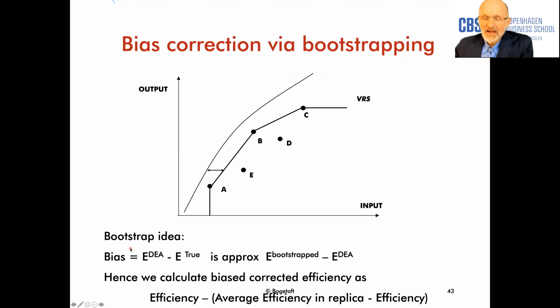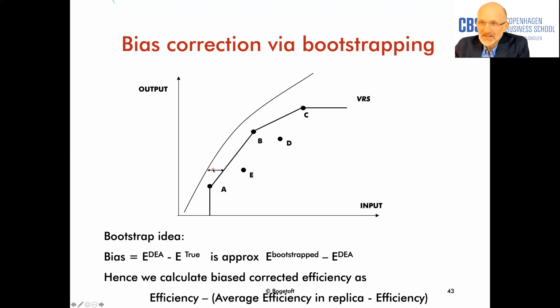You say that the bias you have between the normal DEA, the black one, and the underlying true technology, which we didn't know, is approximately the same as the bias you have when you compare an observation to the green technology rather than to the black piecewise technology.